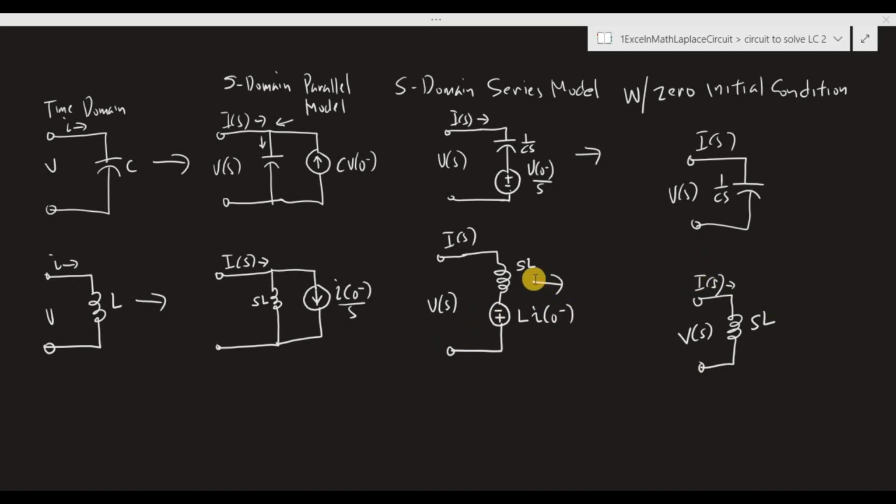In the series model, if I0 minus equals 0, then L times 0 equals 0, and this voltage source is 0, and if the voltage source is 0, it will behave as a short circuit, and therefore this series model circuit of the inductor will also reduce to this form.